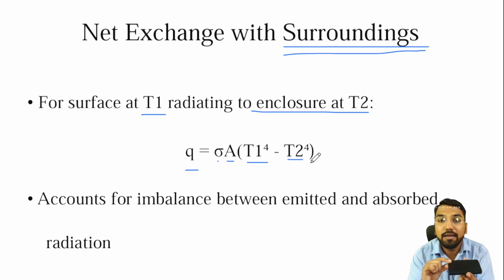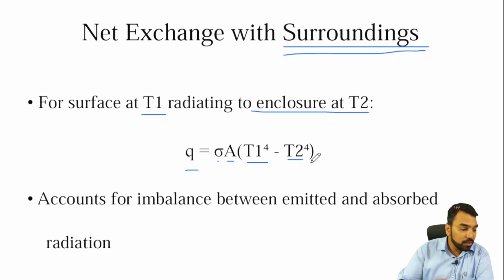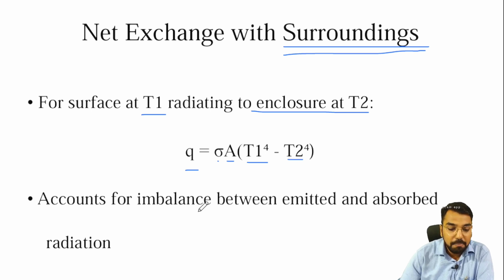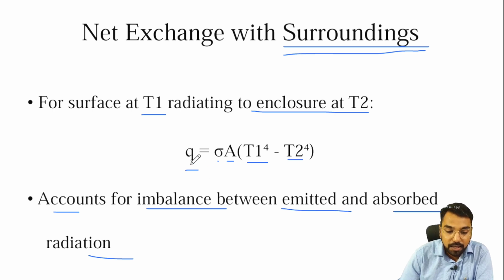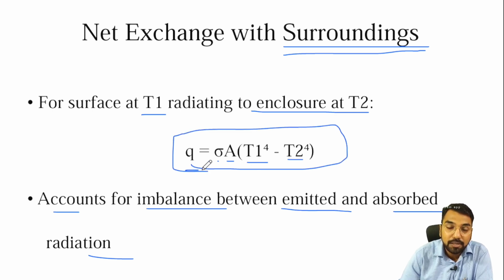Here T1 is the surface temperature of the metal piece which is radiating heat energy, and T2 is the surrounding or enclosure temperature. This accounts for the imbalance between emitted and absorbed radiation, giving a clear idea of how much energy is emitted from one object to the surrounding.